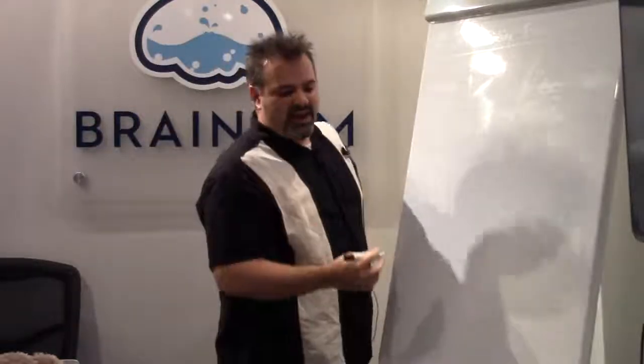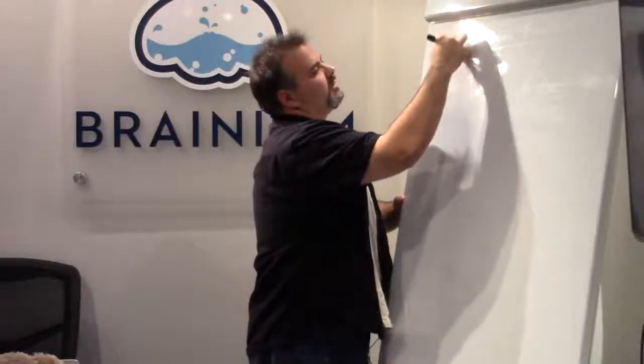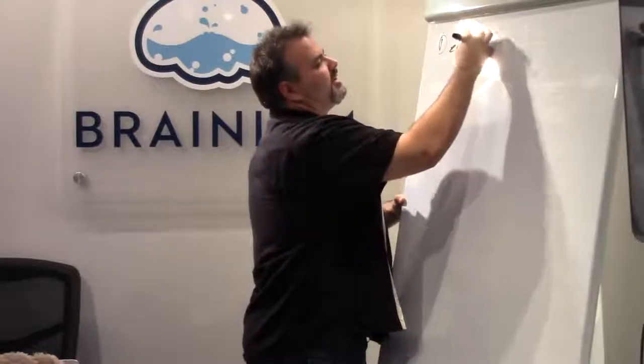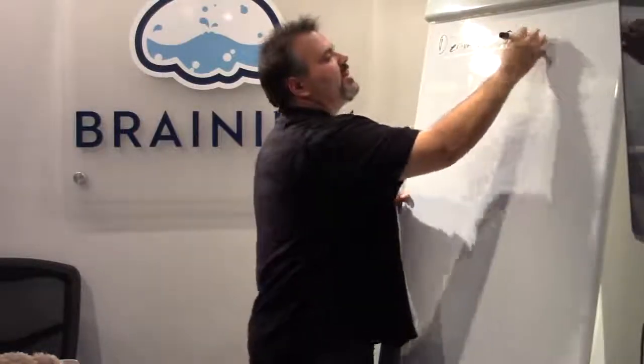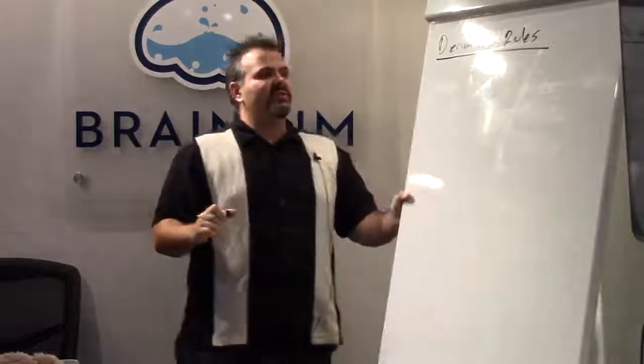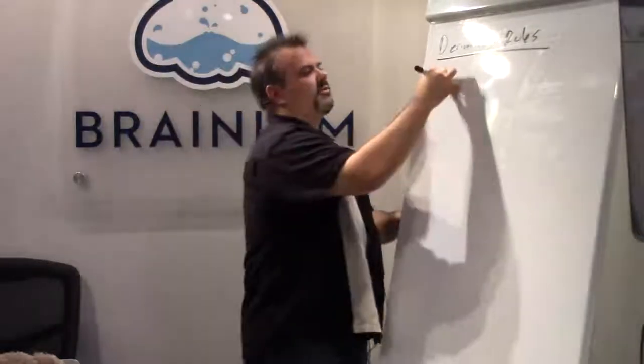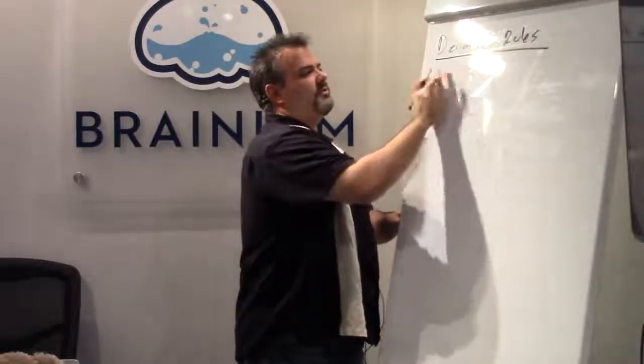Okay. Before we do it, we have to see how people do derivatives. And we're going to teach the computer to do exactly the same thing. Okay. So a couple of derivative rules.